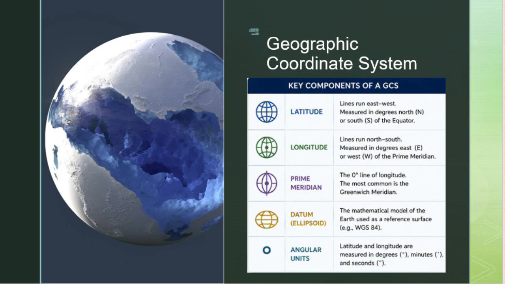It's the mathematical model of the Earth used as a reference surface. An example of that ellipsoid would be WGS 84. So that's a common GCS that we see in ArcPro. And then another key component, and very important, is that it uses angular units for measurement. So latitude and longitude are measured in degrees, minutes, and seconds, not linear feet.